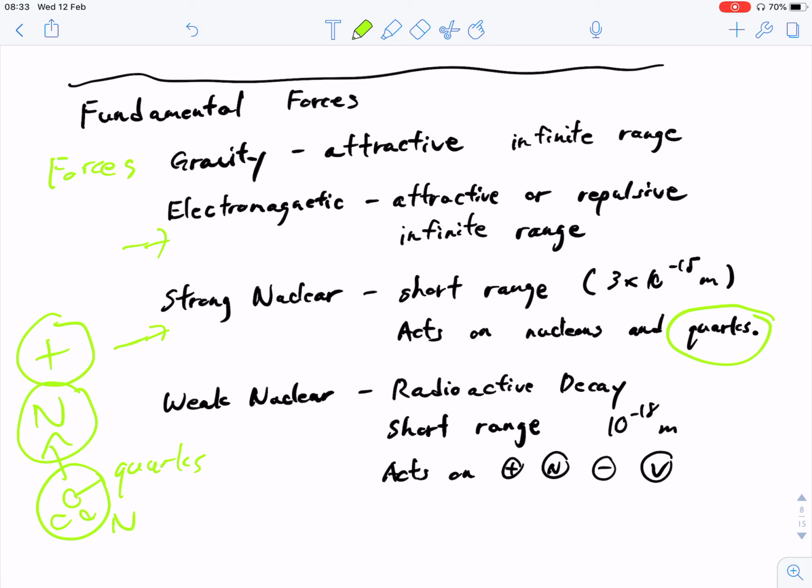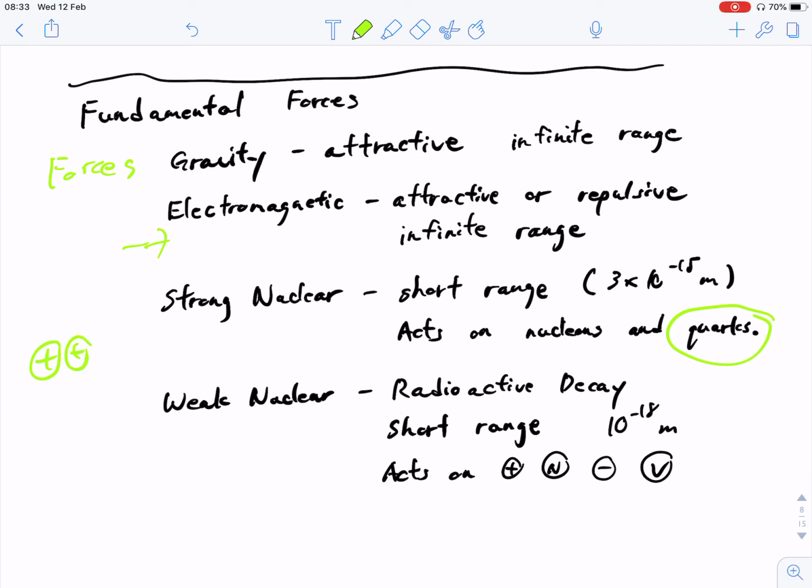And you may know a little bit about charges, like charges repel each other. Inside the nucleus of an atom, we have a bunch of protons and neutrons squeezed in together, okay?